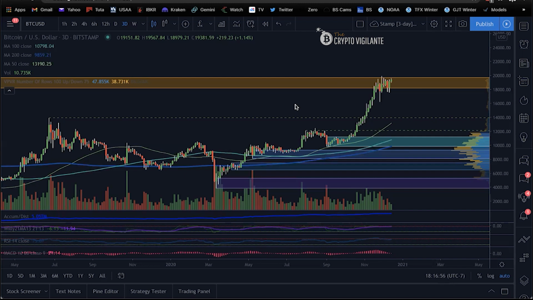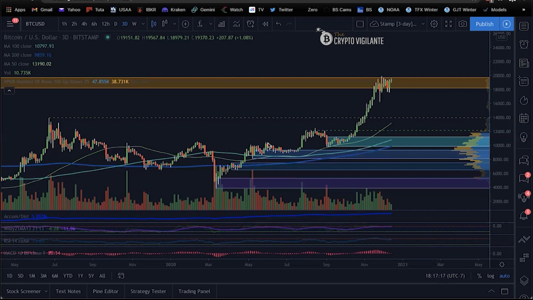And order blocks are essentially where bigger players, traders, institutions get active in the market, either on the long or the short side.